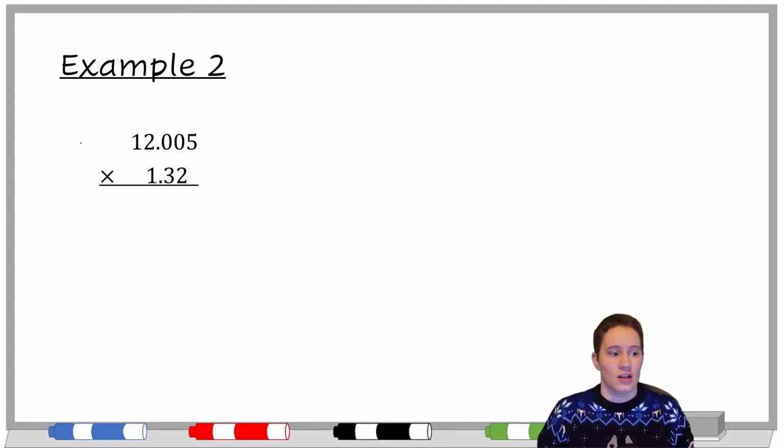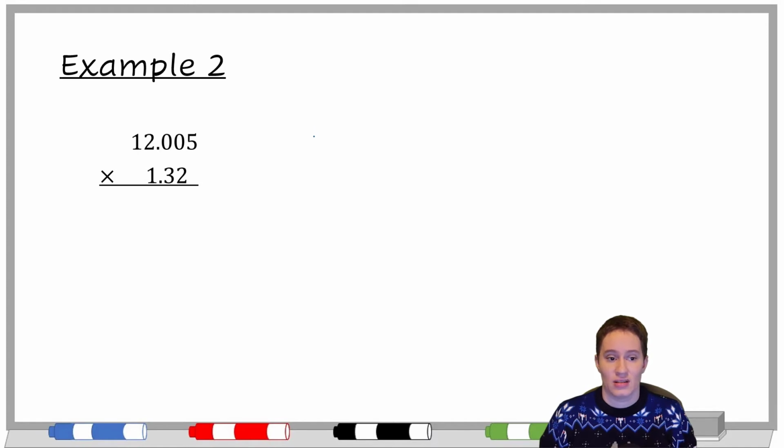Example 2. So this is a case where if you don't like how it's lined up, you should rewrite it. So the way I learned to do multiplication was to always line them up on the right. And so if that's what you want to do, then we would start off actually by rewriting this so that they're lined up on the right.